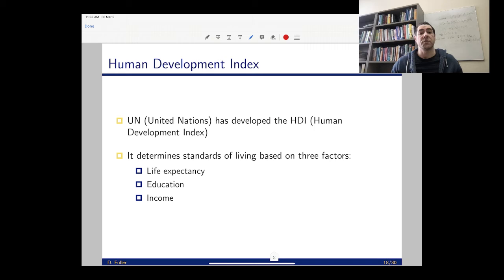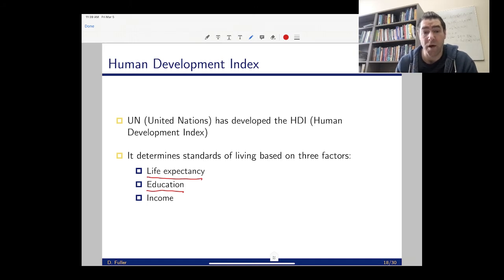So one alternative to GDP per capita to measure standard of living is what we call the Human Development Index. And this is based on three factors. What we just talked about, life expectancy. It also includes education, so access to education for children, right?